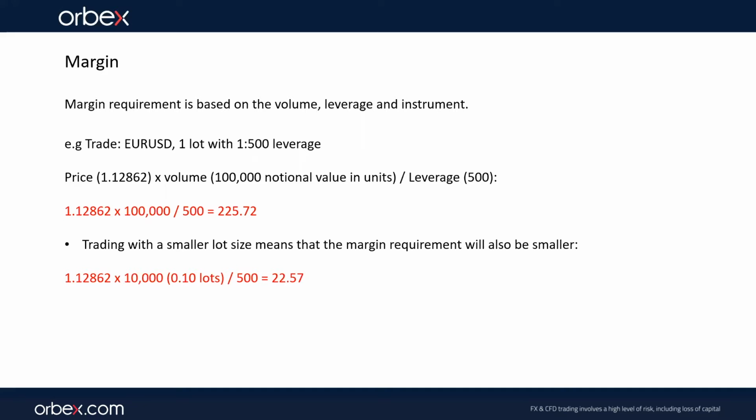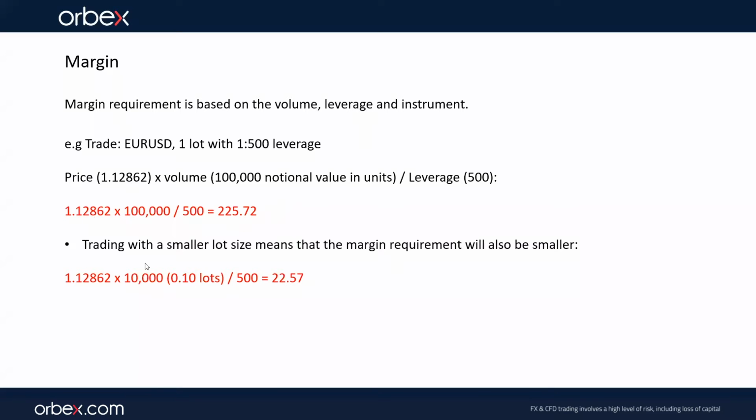It's important to note that one lot means 100,000 units of notional value, and then we divide it by the leverage. Micro and mini lots we'll get into shortly, but I'm just giving the example now of a one lot trade. So it'll be the price times 100,000 divided by 500, which will be 225.72. And again, this is in dollars, for clarification.